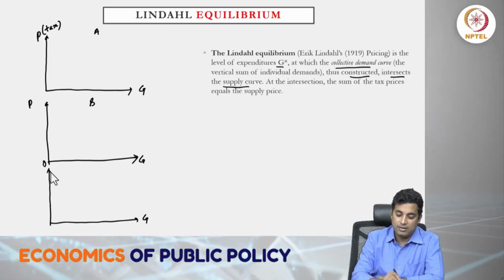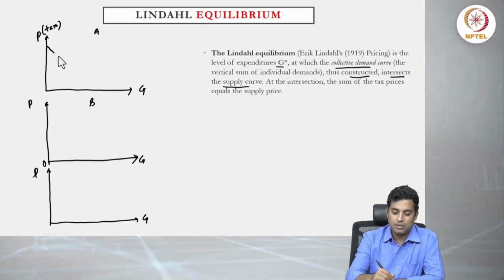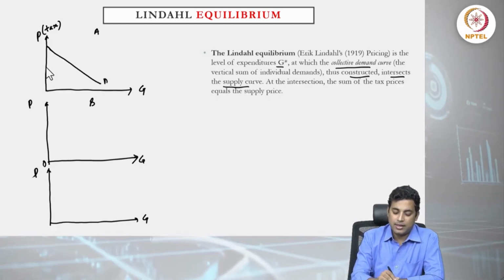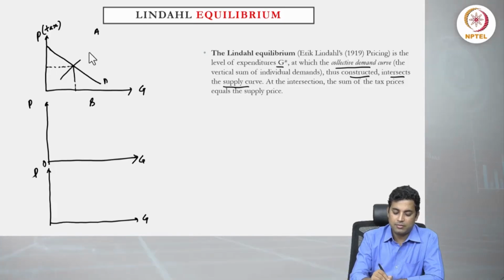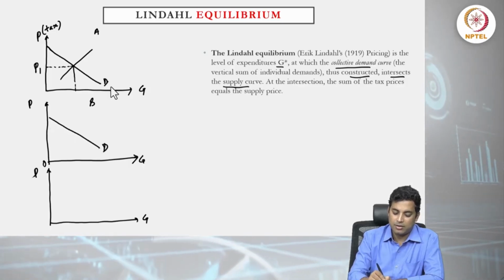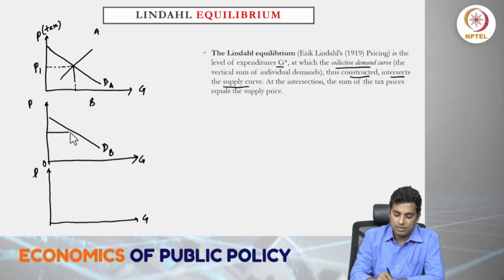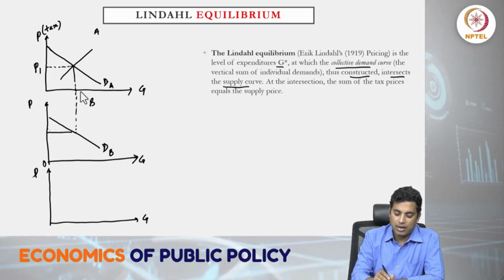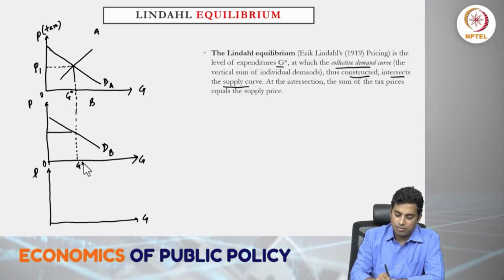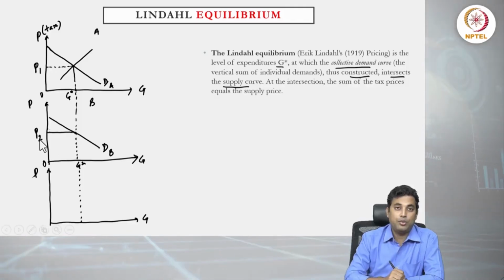So how do we get the Lindahl equilibrium? Suppose for person A, this is the demand curve, and this is the price, say P1. And here again a downward sloping demand curve, which is DB, and say at OG star amount of public expenditure, we get P2 level of price.